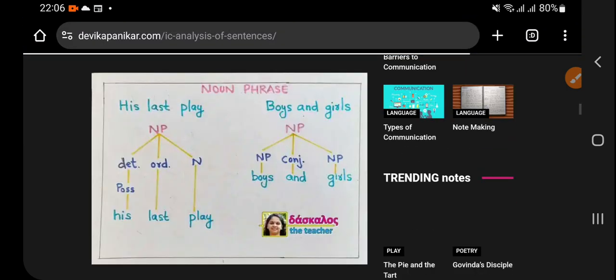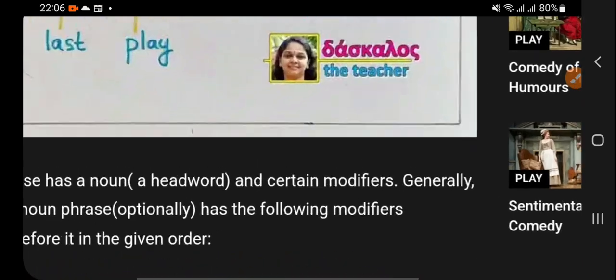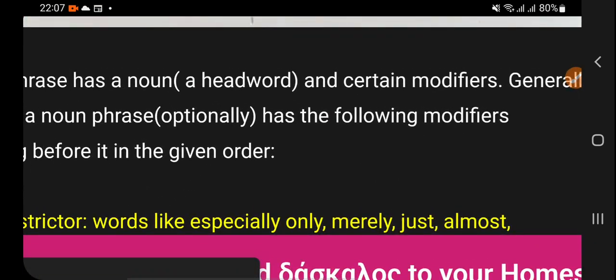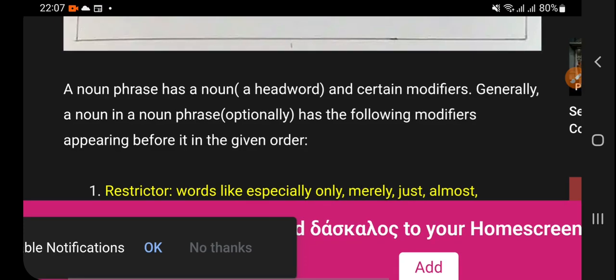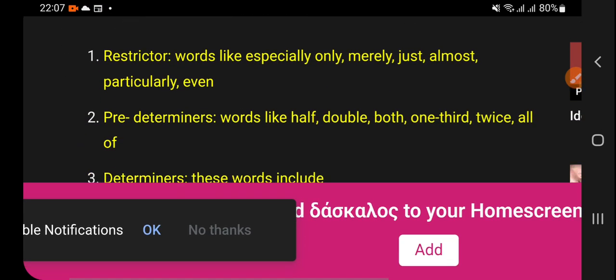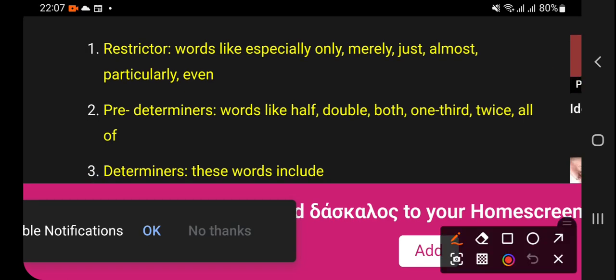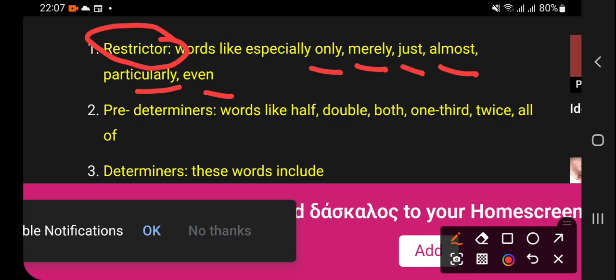Restrict means limit. So words like only, merely, just, almost, particularly, even are restrictors because they show the limit.